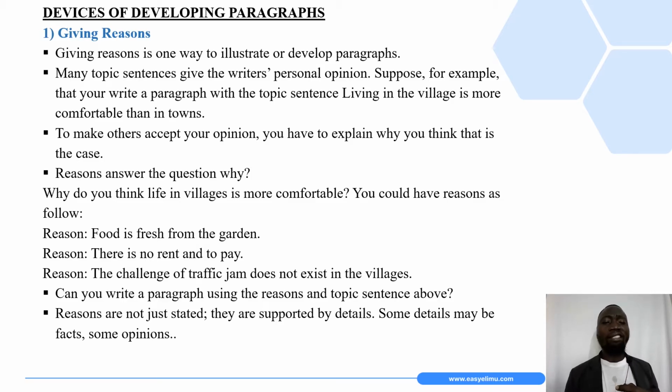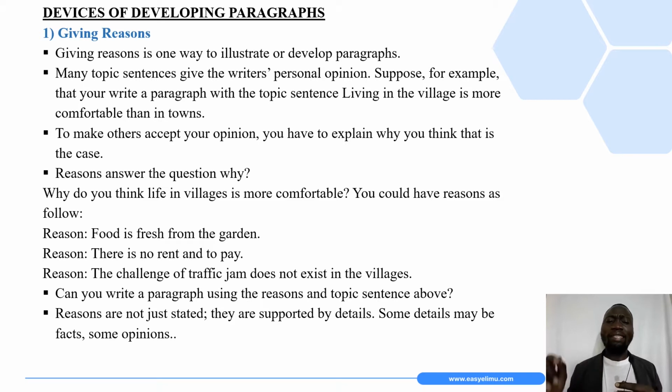Many topic sentences give the writer's personal opinion. To illustrate this, suppose, for example, that you write a paragraph with the topic sentence, living in the village is more comfortable than in towns.